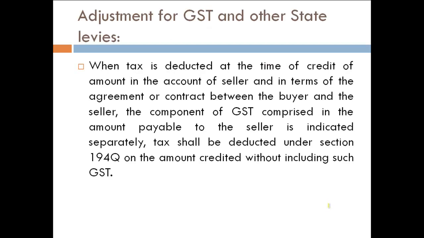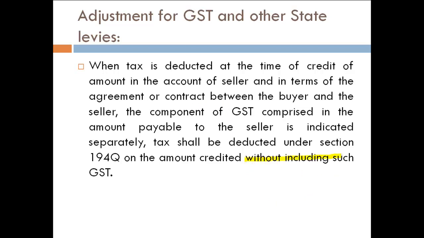Adjustment of GST and other state levies. When tax is deducted at the time of credit of amount in the account of seller and in terms of the agreement or contract between the buyer and the seller, the component of GST comprised in the amount payable to the seller is indicated separately, tax shall be deducted under Section 194Q on the amount credited without including such GST.